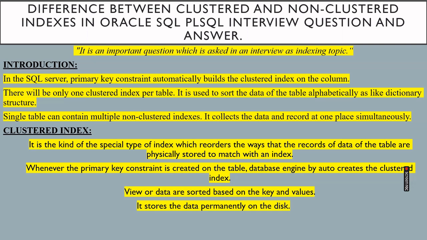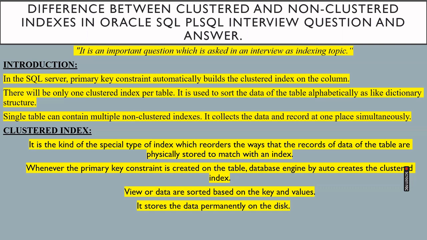It is used to sort the data of the table alphabetically like a dictionary structure. Have you seen the dictionary? A starts first, then B, C, D, E, F, up to X, Y, Z, all in ascending order.